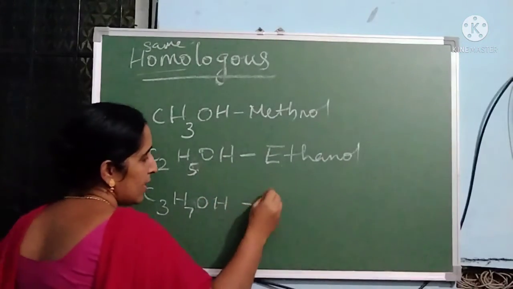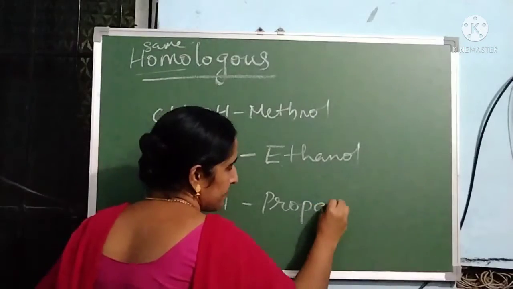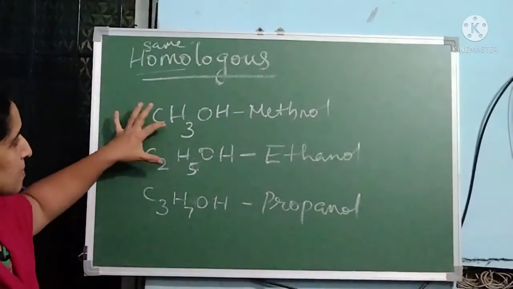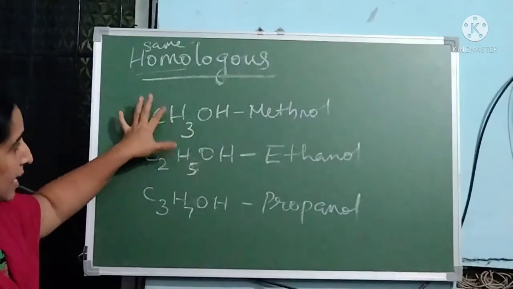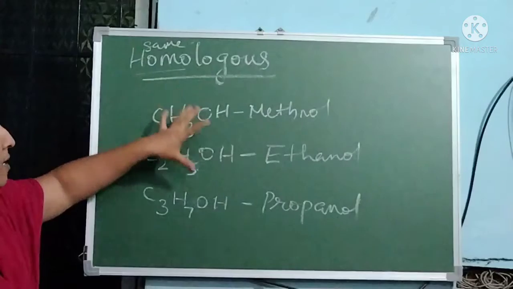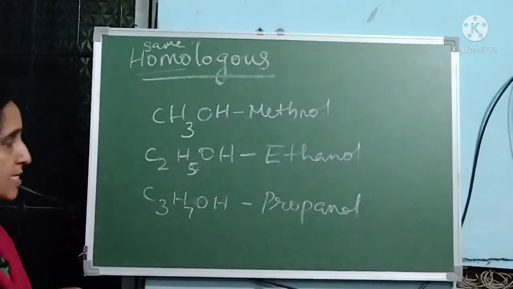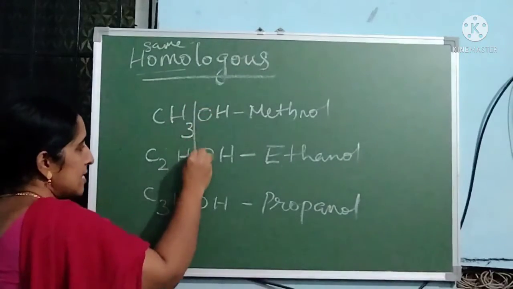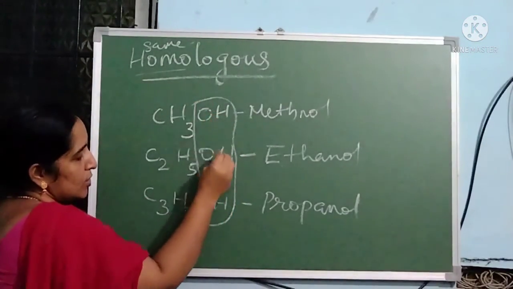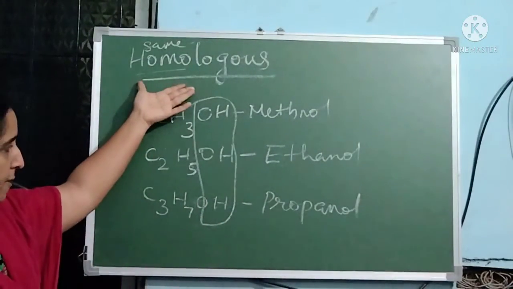Then its name is propanol. So the replacement of a hydrogen atom by any functional group, the same functional group, is called a homologous series. Here the functional group, OH, is the same. Then it is called a homologous series.